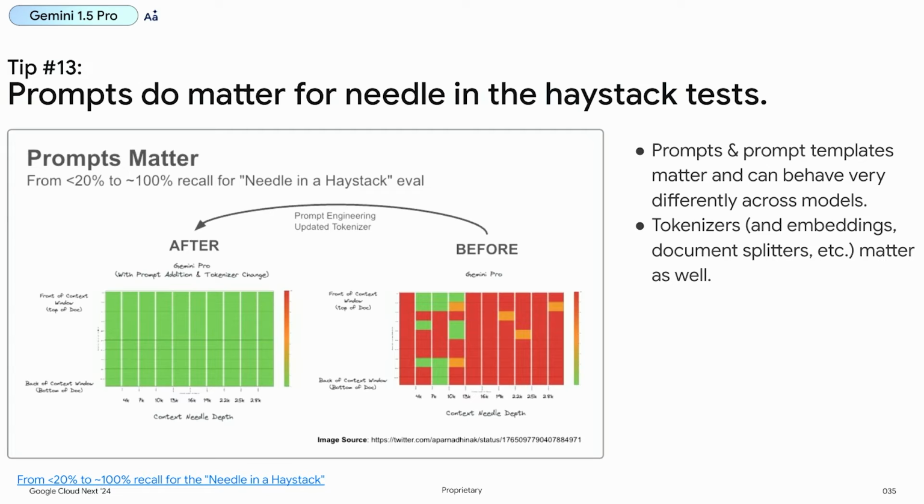One of our partners was running a test with Gemini 1.0 Pro when it was launched, and they reported like 20% recall, which is pretty low. We were working with the team, and we noticed that they were using the incorrect tokenizer as well as a prompt template from a different LLM, and that was identified as the root cause for that lower recall. After fixing both, we actually saw like 100% recall. The takeaway here is the prompts do matter for these sort of tests.